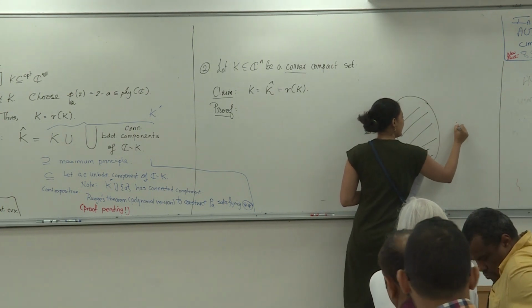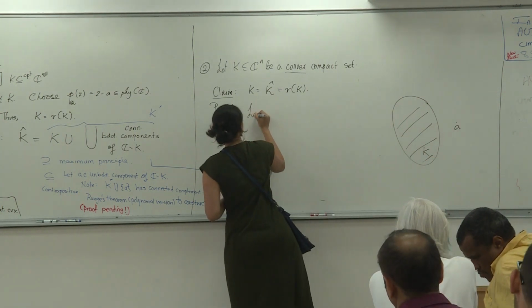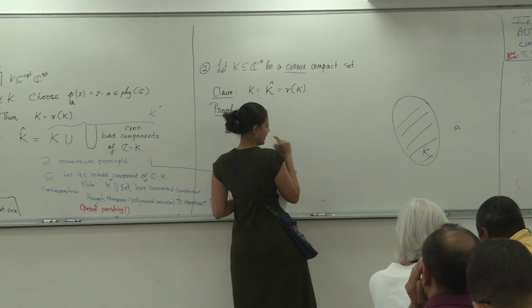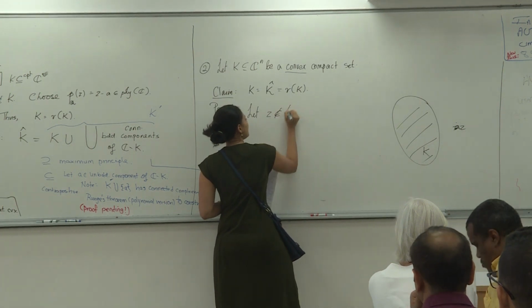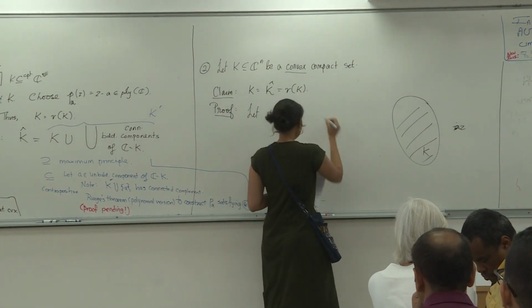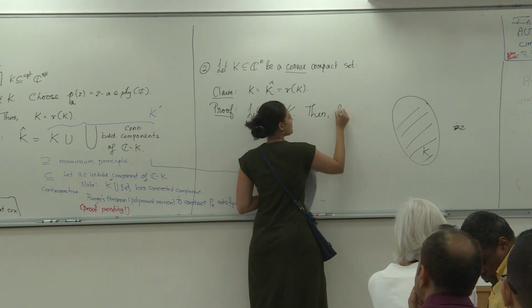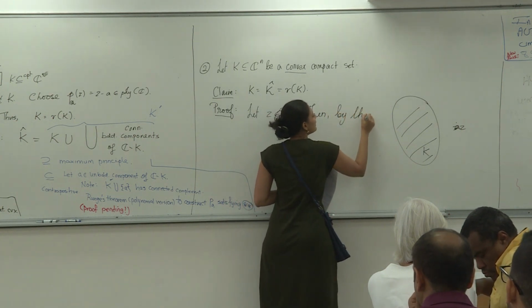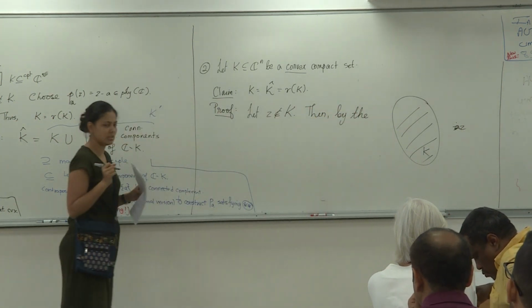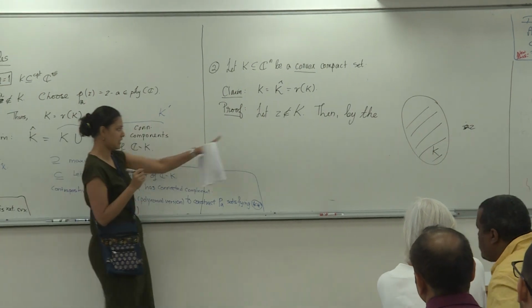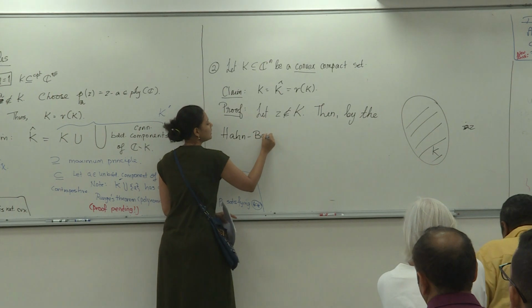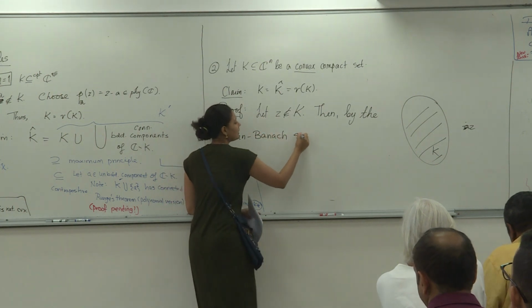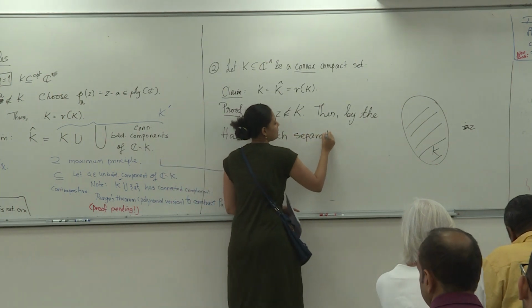And I take Z, it doesn't matter. Okay? Let Z be not in K. Then, and this is the non-trivial statement, if you have taken a course in functional analysis, you may or may not have seen this version, but I'll post a note about this, and you can read about this theorem.